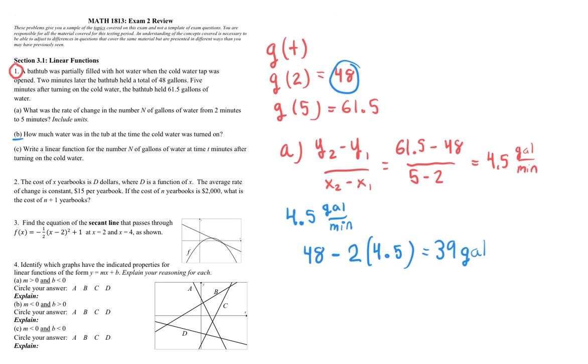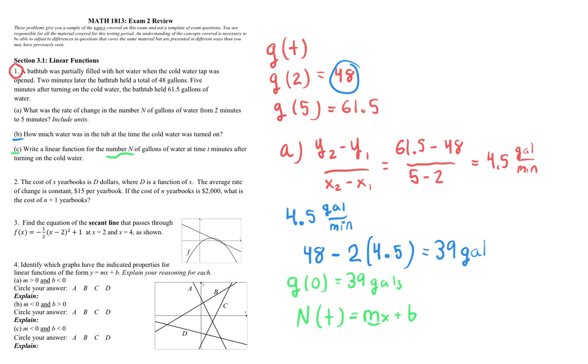We now have all the things we need to write a linear function. So we know, based on our last one, that g of 0 is equal to 39 gallons. And it actually wants us to use n for number of gallons, so we're going to change the variable here, and we're going to write n of t is equal to, and we know the formula mx plus b for a linear function.